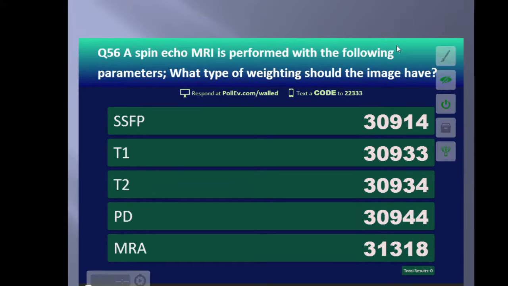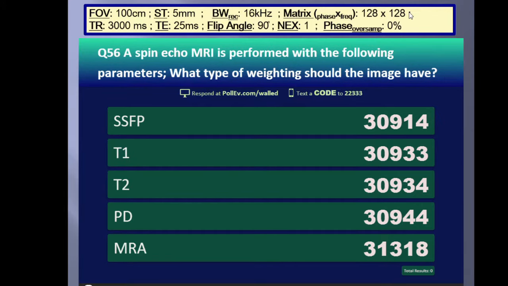Okay? Now, a spin echo MRI is performed with the following parameters. This is everyone's favorite up here. What type of weighting should the image have? I'll give you a couple seconds to figure this one out. Again, it's not a test, so I'll give you some little hints.